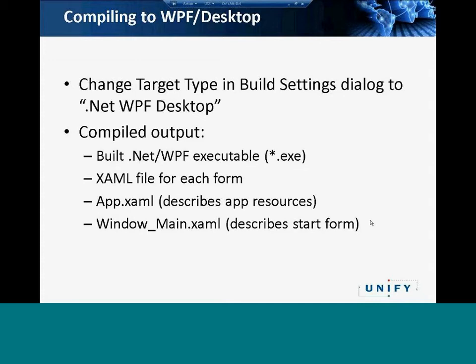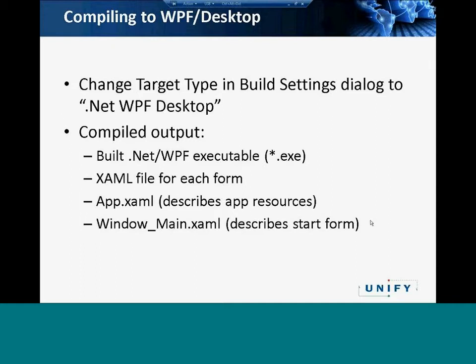Okay, so let's talk about the compilation options. As I mentioned before, today we're going to talk about compiling to .NET WPF Desktop and WPF Browser. This is the first in a series of TD 6.0 webinars, so we're going to have other webinars which will detail even more the different compilation options, other objects that we are introducing in TD 6.0, etc. Today we're going to focus on two specific compilation methods for WPF.